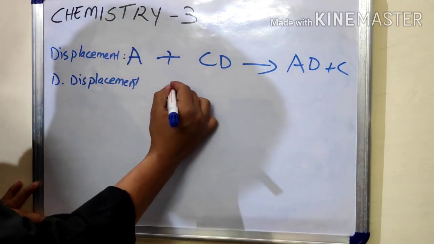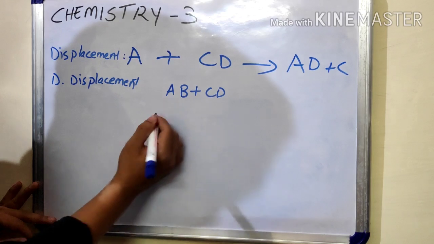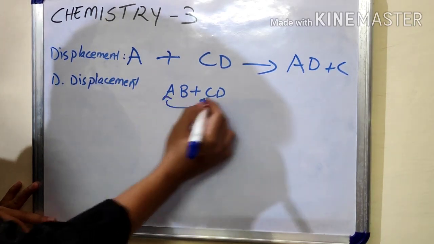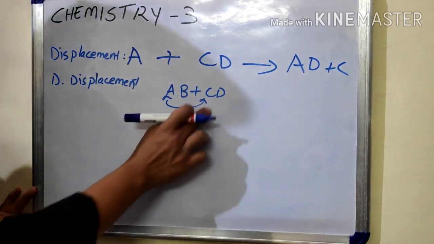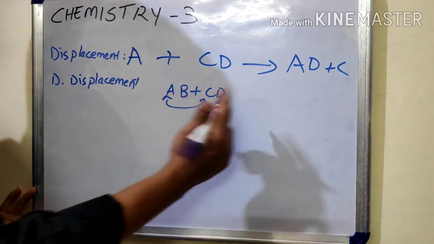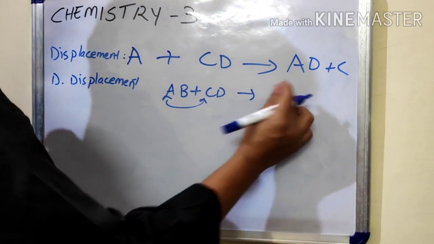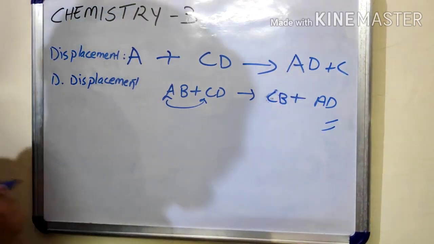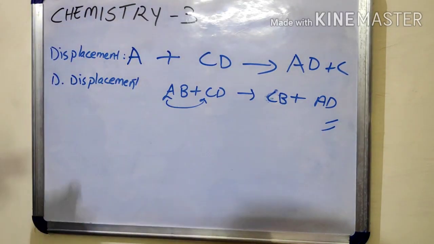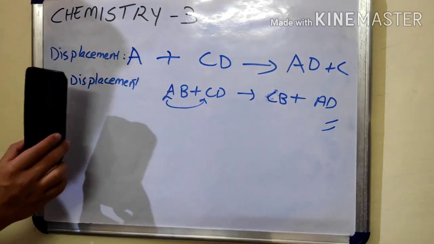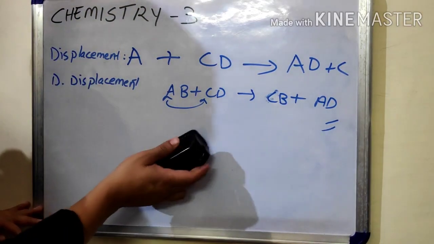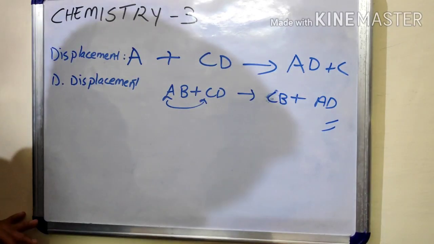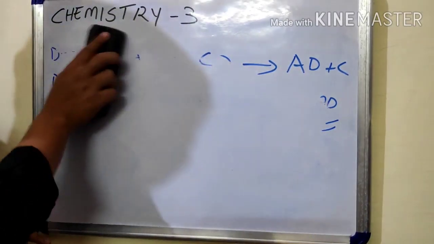That is why double displacement, right? So you were getting AB plus CD, A and C interchanging, C was replacing A and A was replacing C. Both was happening. So we got CB plus AD. Okay, so this was the major difference. In displacement, only one displacement is happening. In double displacement, two displacements are happening. And generally, one of those is a precipitate.